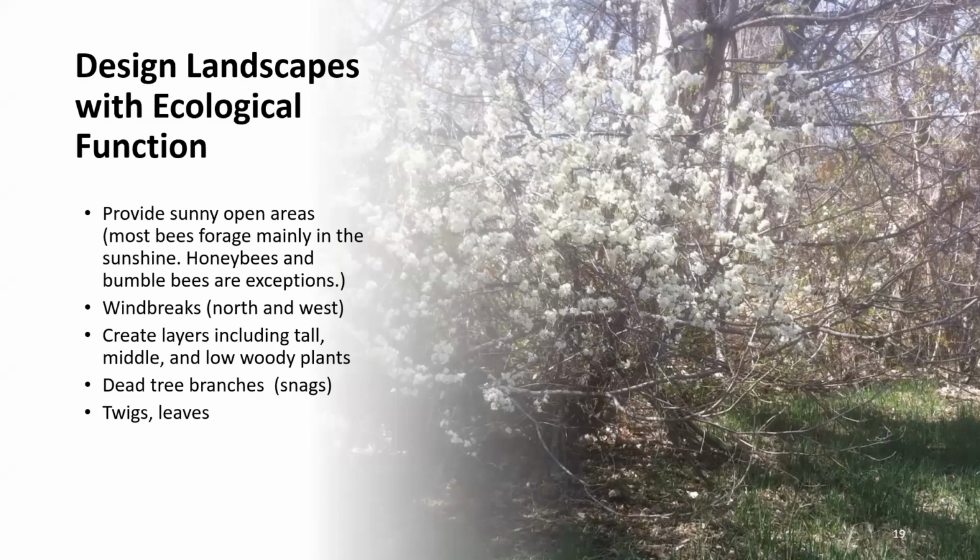Create windbreaks to the north and west. I mean, that's a permaculture idea, and anybody who lives in a harsh northern climate knows this. You want to plant your plants on the south side of a wall. They're going to reemerge from dormancy earlier. That's just logical.